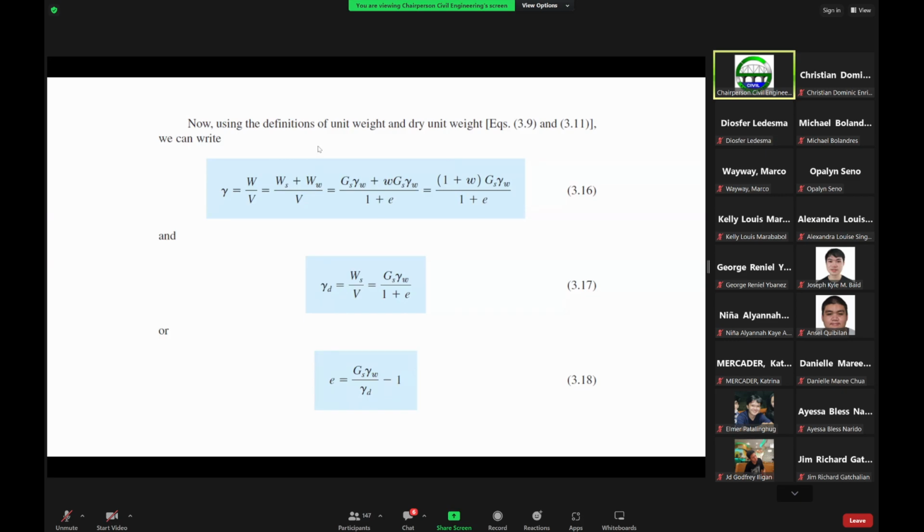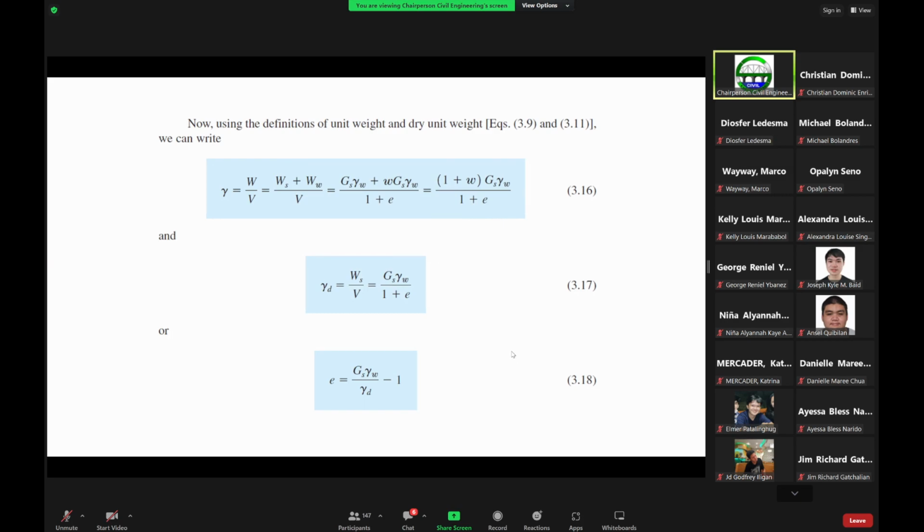So again, the unit weight can also be equal to the quantity 1 plus the water content multiplied by the specific gravity of the soil solids times the unit weight of water over 1 plus the void ratio, where again the void ratio is equal to the volume of voids over the volume of solids.